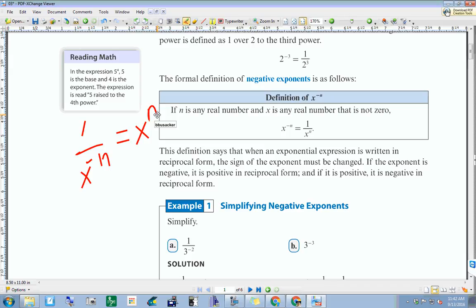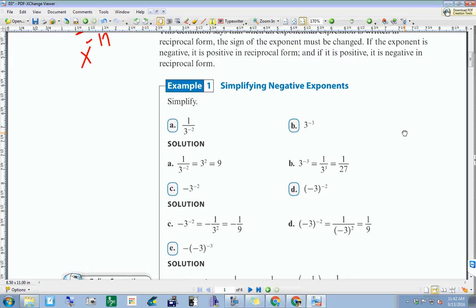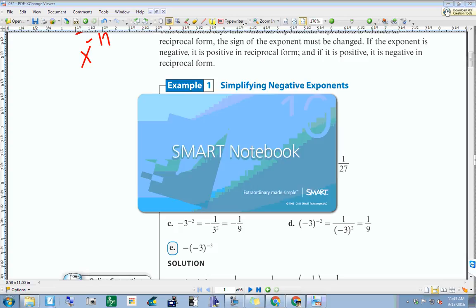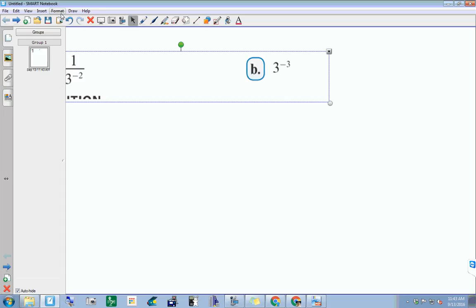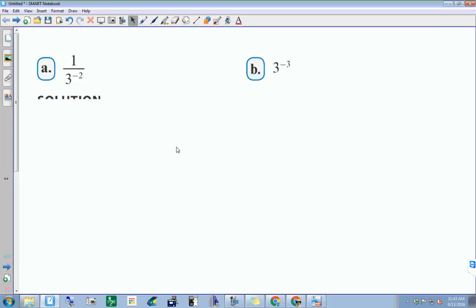All right. So let's take a look at some examples that they've got here. If I look at the first one, they got 1 over 3 to the negative 2.